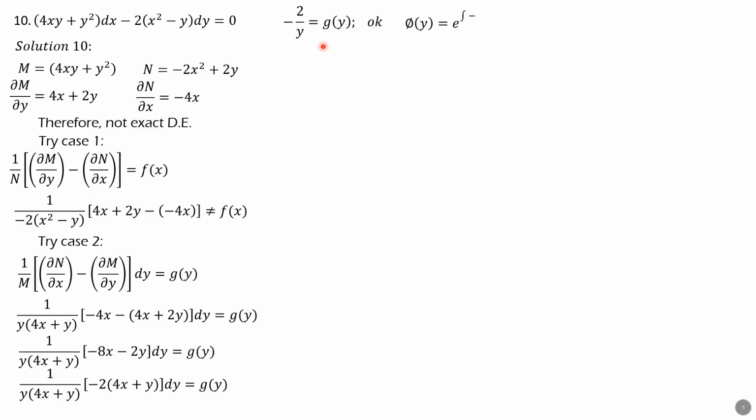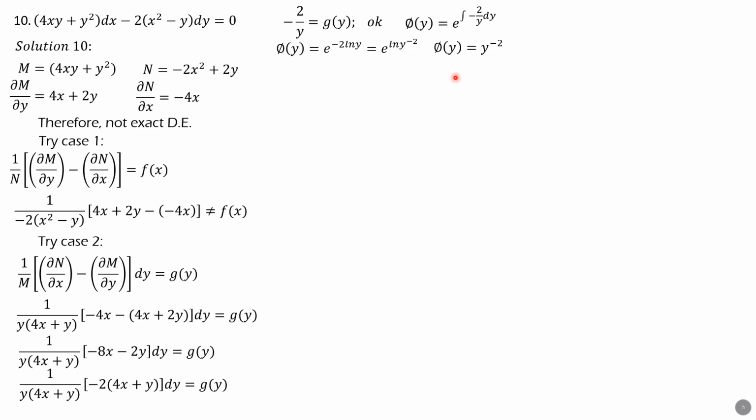That's the integrating factor. So p of y equals e to the negative 2 ln y, the integral. And we can write this as e to the ln of y to the negative 2. So therefore, it is y to the negative 2. Next, we multiply the original differential equation by y to the negative 2.